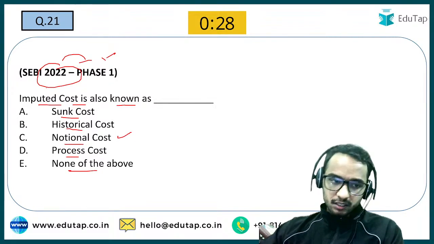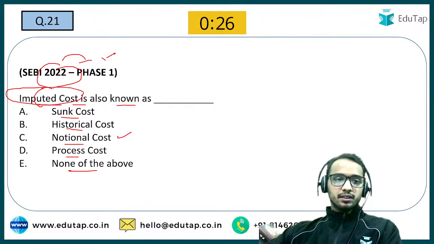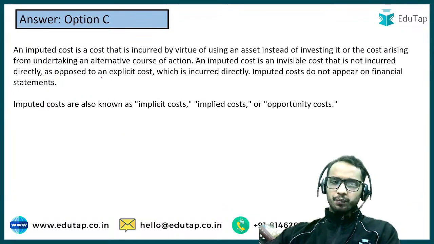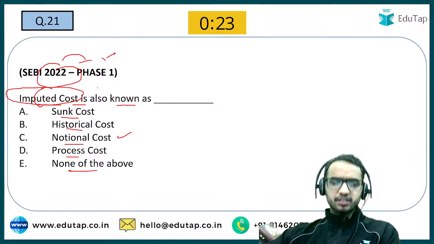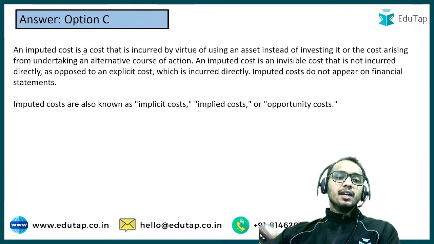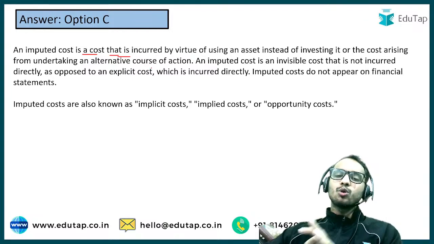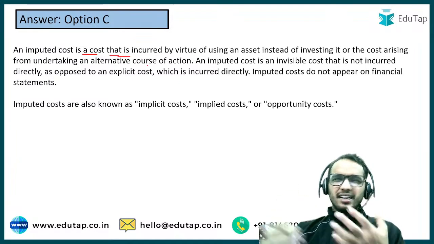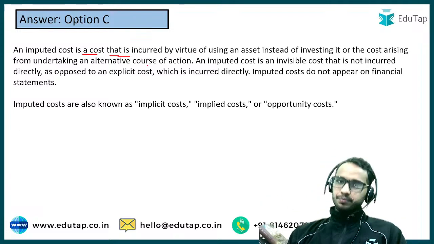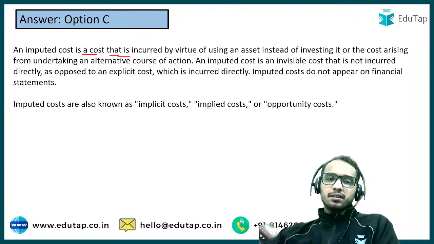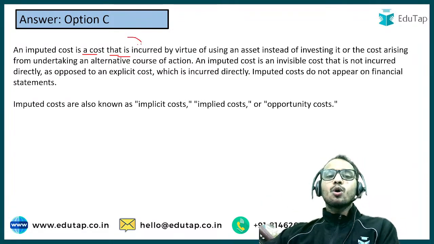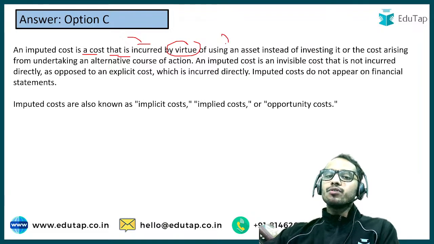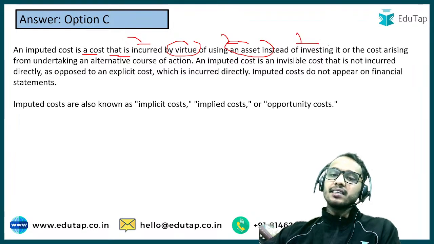Please understand this imputed cost very carefully, then you will get back to the question. I've given you the answer, but first try to understand what this imputed cost is. We also call this cost implied cost. It is just the notional cost, not the actual cost. It is a cost that is incurred by virtue of using an asset instead of investing it.